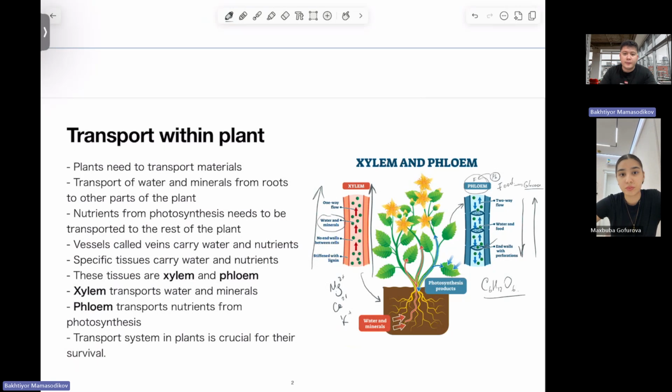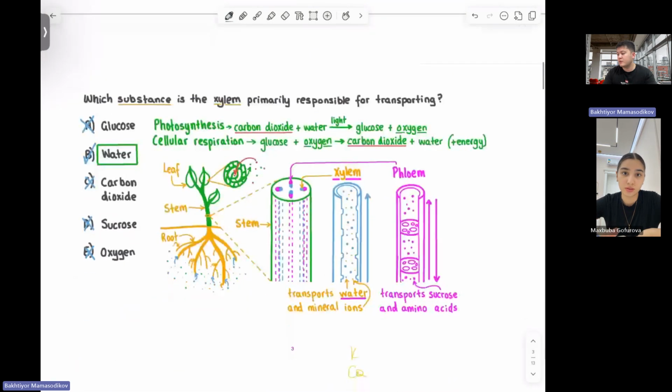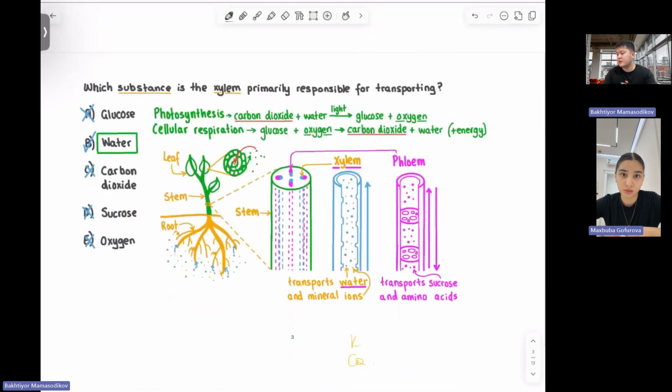Any questions about the xylem and the phloem? Everything's clear? Okay, so this is the question: which substance is the xylem primarily responsible for transporting? The xylem doesn't start with the F, so it's not transporting food.